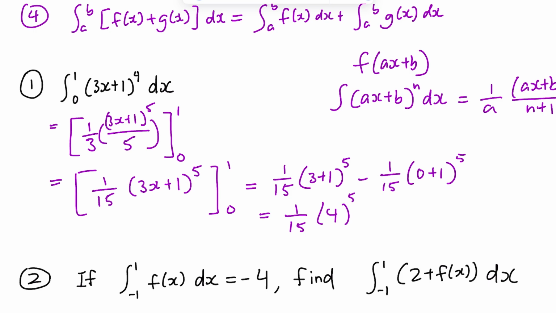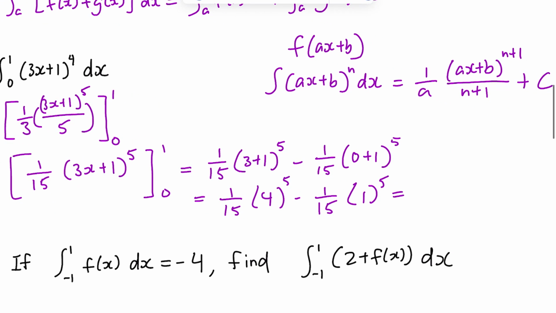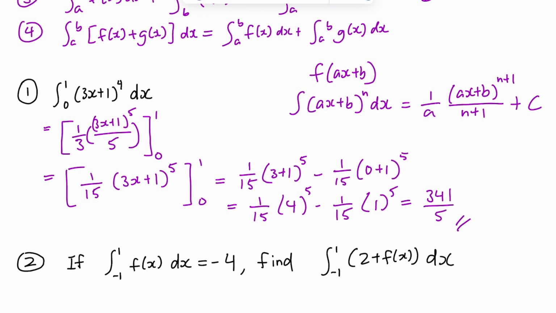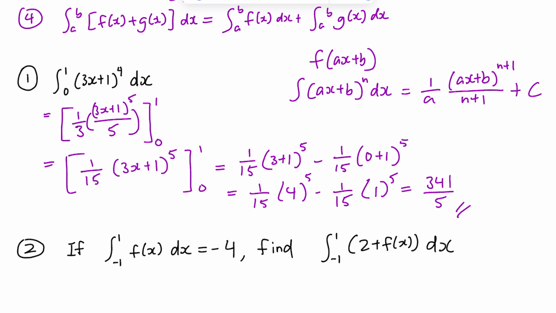And feel free to use your calculator at this point. And in the end, our answer is not going to be a nice number. It's going to be a fraction, which is 241 divided by 5. So there you have it. A little bit complicated for our first question, but I hope you get the gist of it.